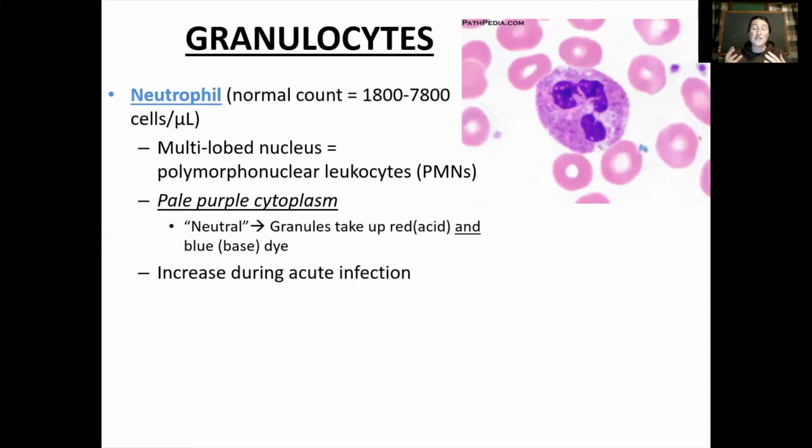And the reason this is so important for the diagnostic process is that if one of these types of cells is very common, and it should not be, right? So you're seeing numbers that are higher than 7,800, right? This would mean that those cells have replicated, right? There are a lot more of those cells than you would normally expect there to be.